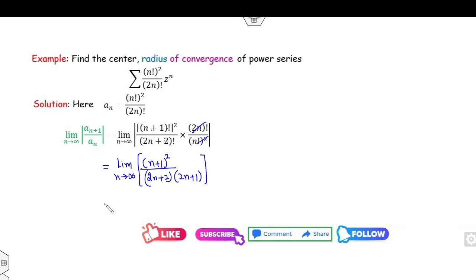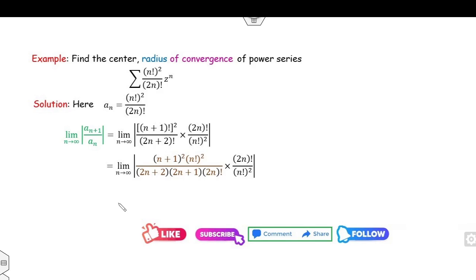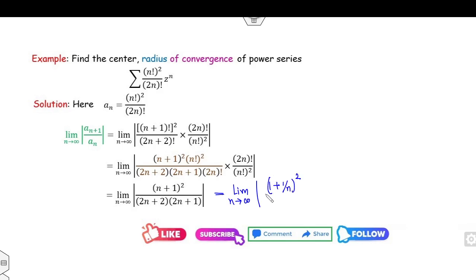Now how can you solve this limit? I can divide the numerator and denominator by n squared, so that the numerator will be 1 plus, and the denominator will be 2 plus 2 over n. So what is the answer when you take n approaches infinity?